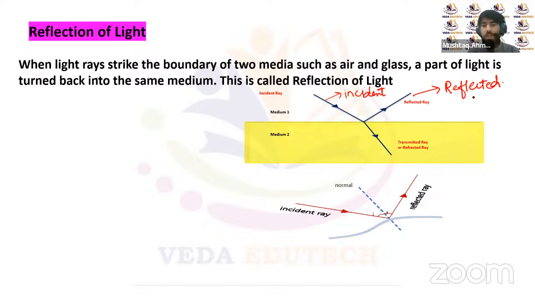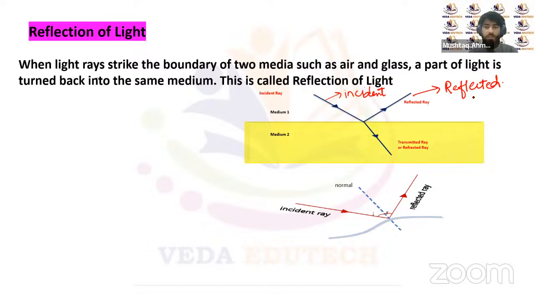Whenever light interacts at the boundary between two media, two phenomena take place at the same time: one is reflection, another is transmission, or refraction. You can see here there are two mediums, medium one and medium two. Some part of the light gets reflected back, and some part gets transmitted. At the surface of two mediums, both refraction and reflection are possible.